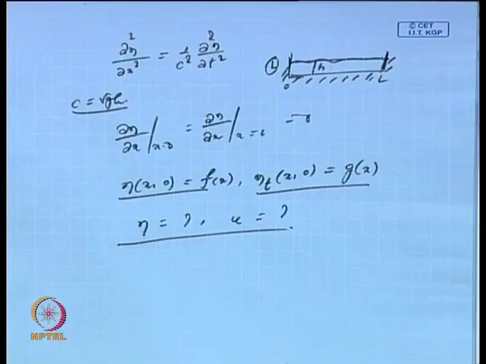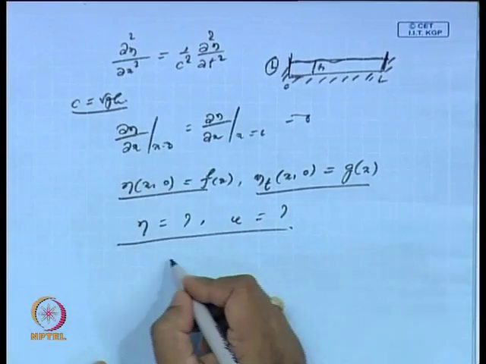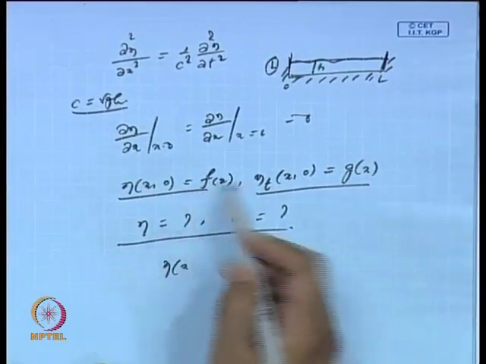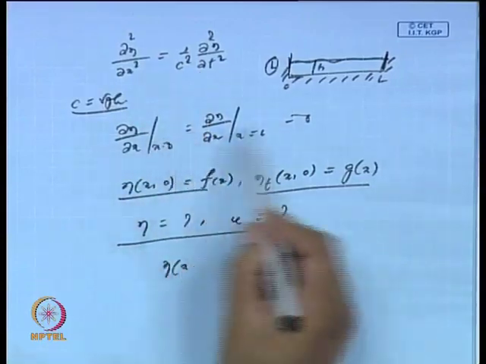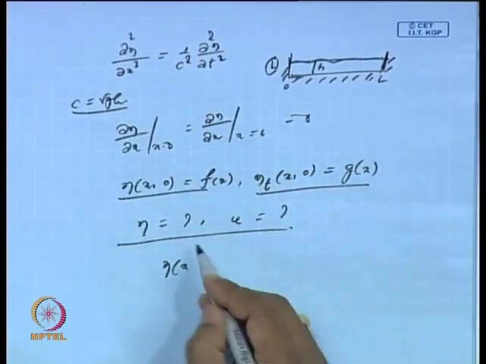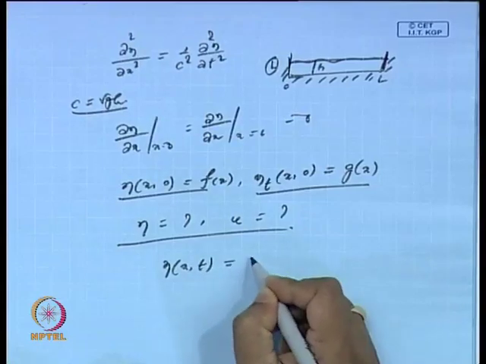To know eta, we all know that, because these are homogeneous conditions, this is a homogeneous equation with two homogeneous boundary conditions, we can always apply the method of separation of variables.